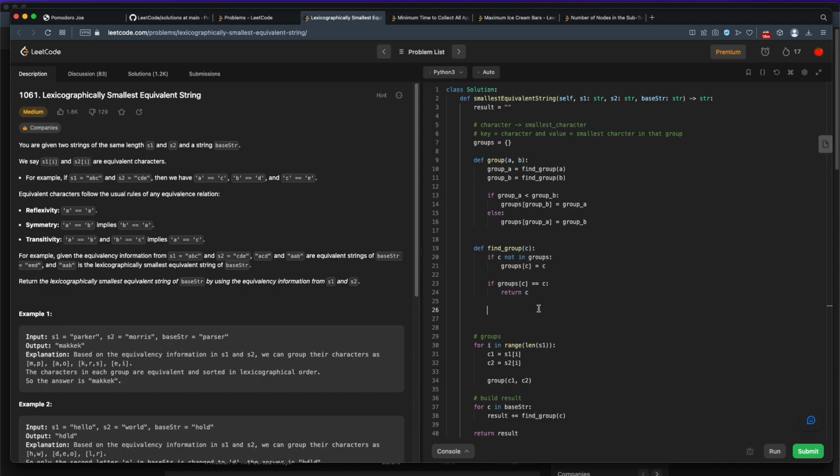And if it's not, however, so if group C is not the root, that means we need to keep looking. So we'll have the group identifier, and that's going to be equal to groups at C. So this group identifier is the thing in our dictionary.